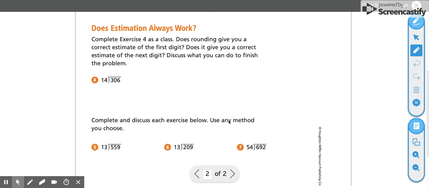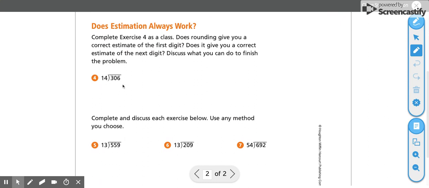All right, let's try one more here. 14 into 306. So I'm going to write 14 into 306. So I'm going to go ahead and jump right in. If I estimated this 14, I would round it up to 15. 15 is a lot easier number to work with.